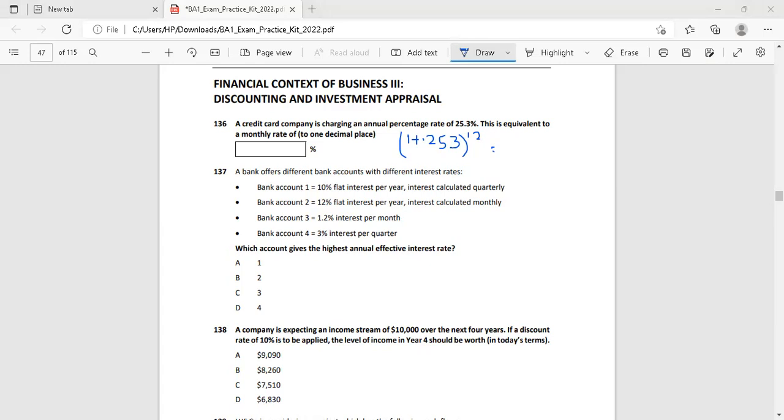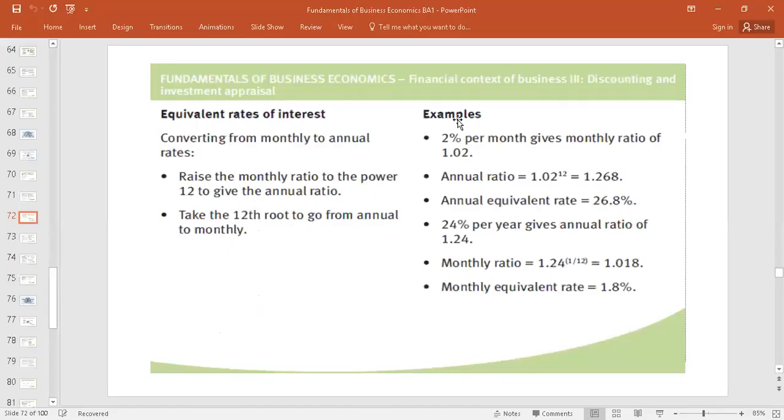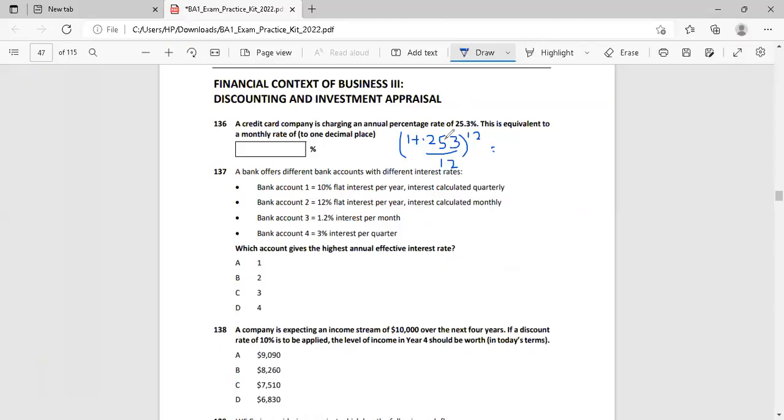This is the annual percentage, so it will become divided by 12, like the example we have seen in the PPT. They say that the percentage is per month, but here in this question we have it as per annum, so we have to be very careful about that. It is per annum, so 25.3% divided by 12, whole to the power of 12.